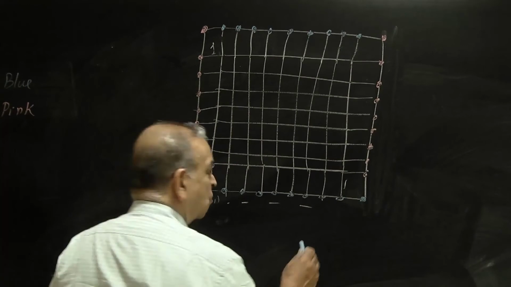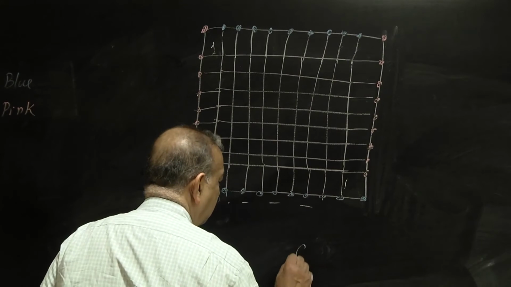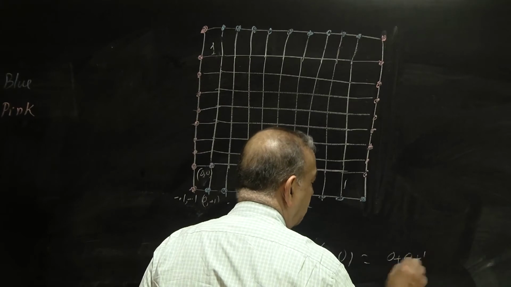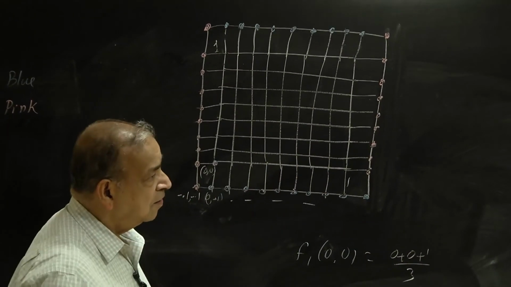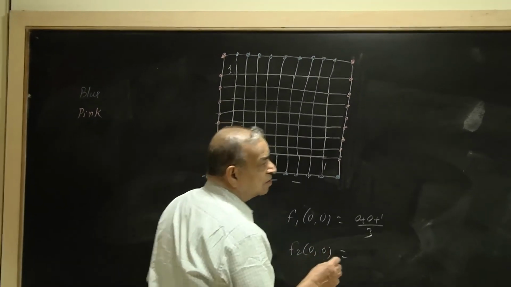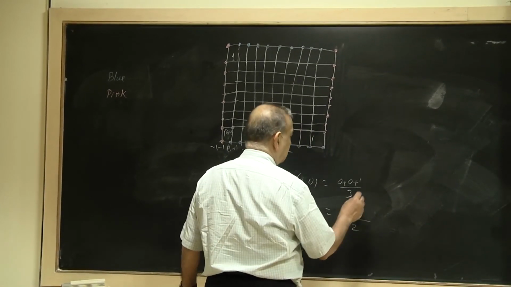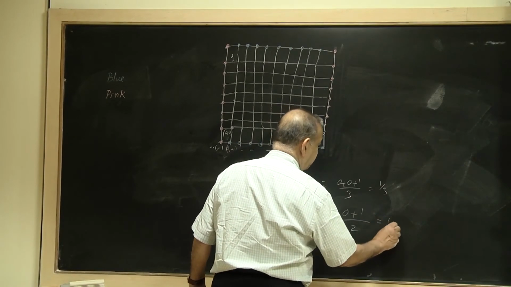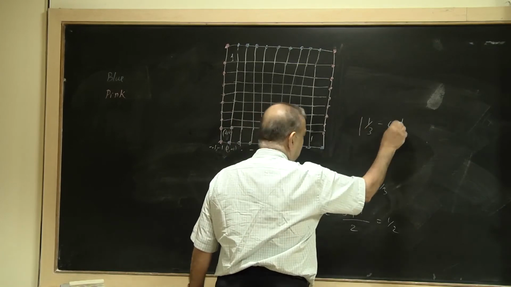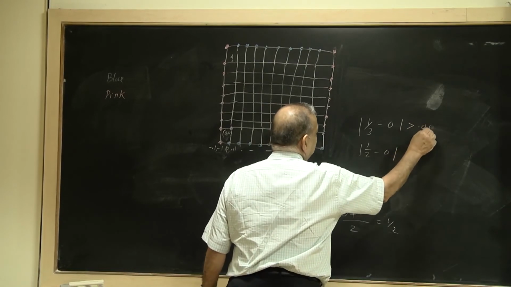So let's evaluate that. f1 of 0, 0 is 0 plus 0 plus 1/3. f2 of 0, 0 is 0 plus 1/2. So this is 1/3, this is a half. You subtract: the absolute value of 1/3 minus the x coordinate, and half minus 0, both are greater than 0.05.